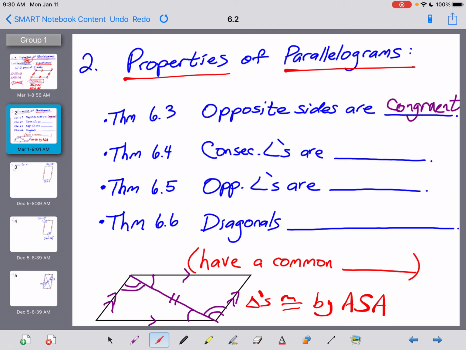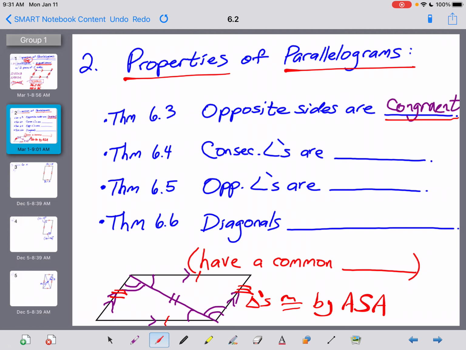Now, if we know that those two triangles are congruent, we know that their corresponding parts have to be congruent as well. That is the reason why, it's not just an assumption, you guys, the top side is congruent to the bottom side, and the right side is congruent to the left side. That's how we know for a fact, not an assumption. That's how we prove that the opposite sides in a parallelogram are congruent.